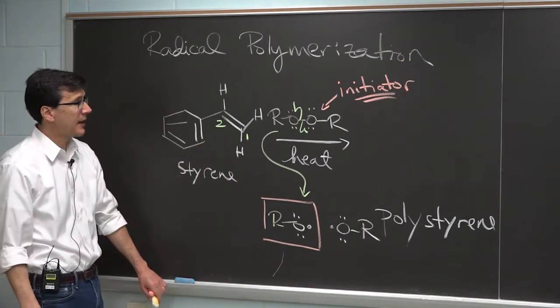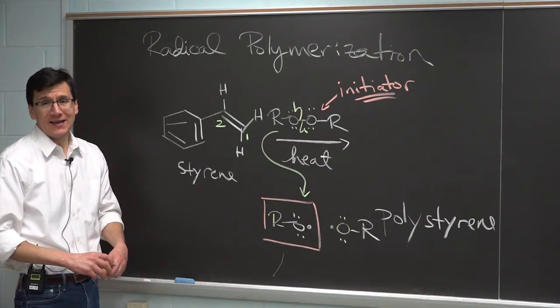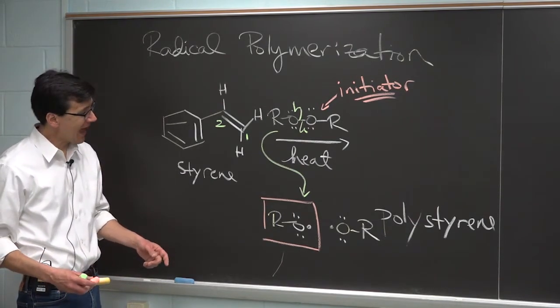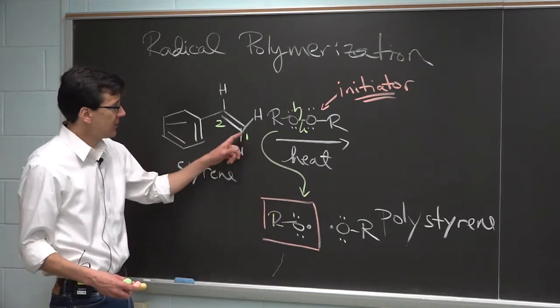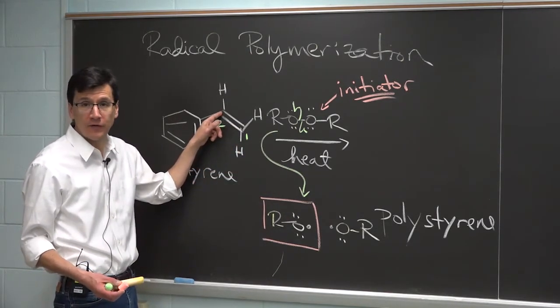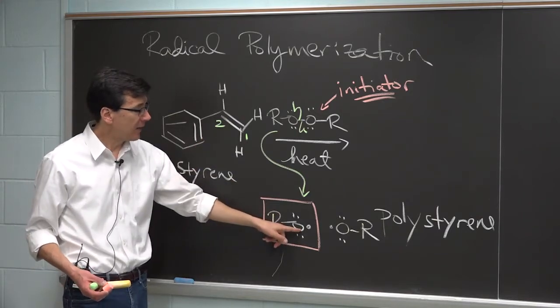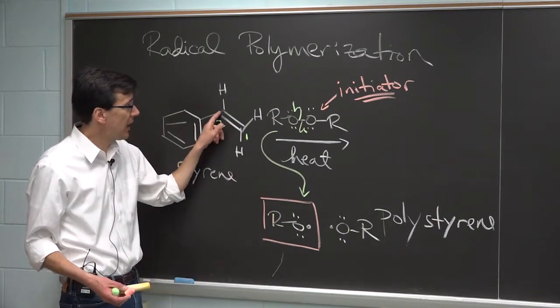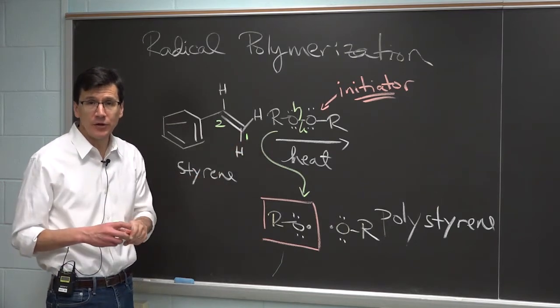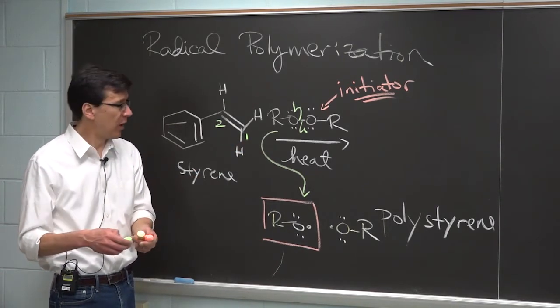We want to add the radical in such a way to get the better possible radical. So what do you think? Should we add RO dot to carbon 1 and leave a dot on carbon 2, or vice versa, add the oxygen dot to carbon 2 and leave a dot on carbon 1? So maybe with that you can push the arrows for the proper choice there.